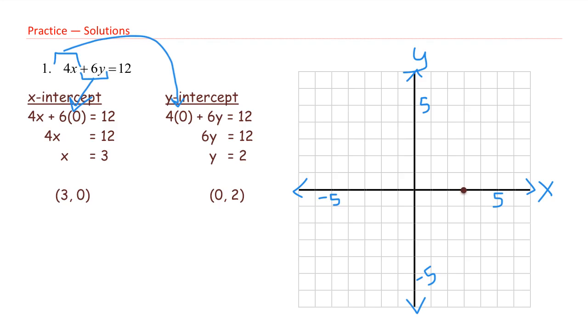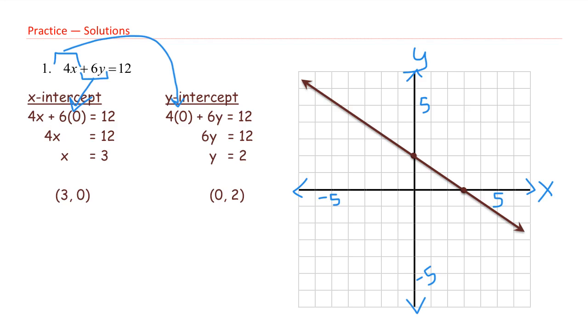So I've plotted the point 3, 0 on the x-axis. Now I can plot the point 0, 2 on the y-axis. There it is. And now that I have my points, I can use them to draw the line that represents this equation. There's the line right there.